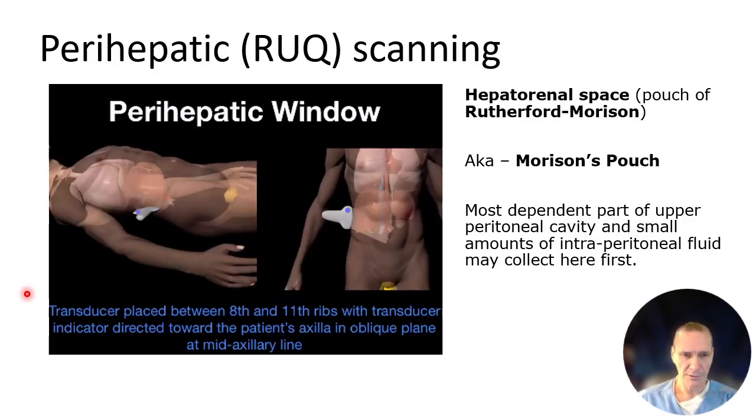Most literature will tell you to look between the 8th and the 11th rib. However, in reality, you just put the probe on the patient, indicator towards the head, maybe angled slightly so you can get between the ribs, and start scanning, looking for familiar structures.